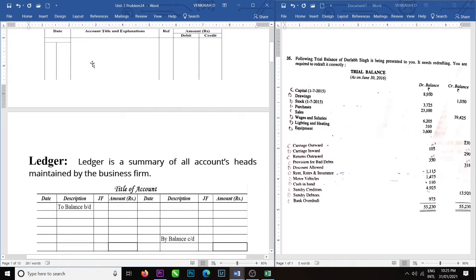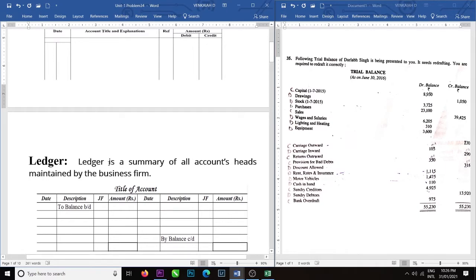Journal entries are of two types: general and specific journal entries. Specific journal entries are used for keeping the subsidiary books. We will move to the next chapter for understanding the subsidiary books.